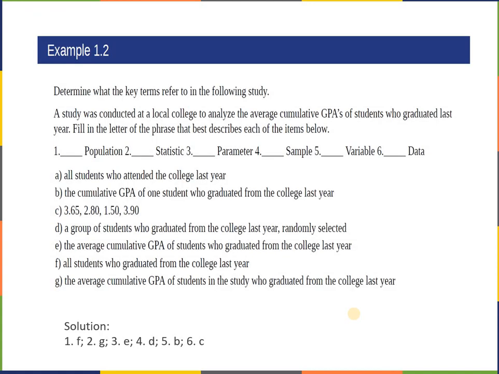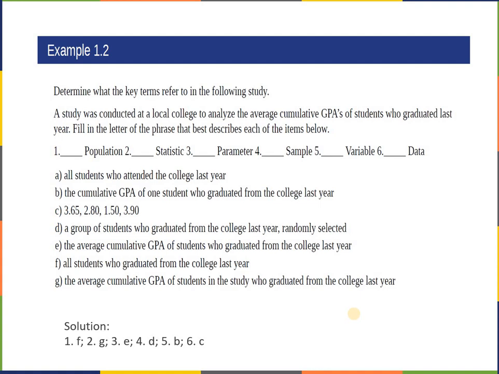Let's look at another example. Determine what the key terms refer to in the following study. A study was conducted at a local college to analyze the average cumulative GPA of students who graduated last year. Fill in the letters of the phrases that best describe each of the items below.